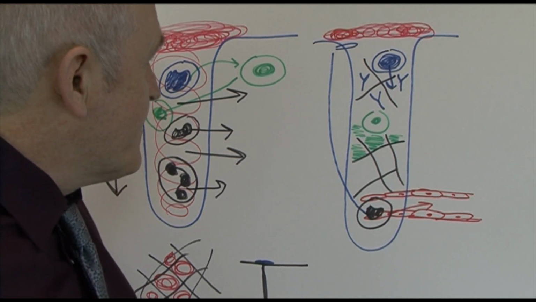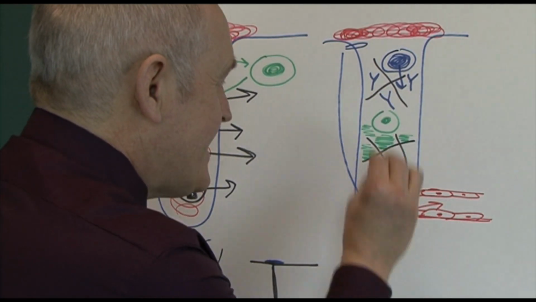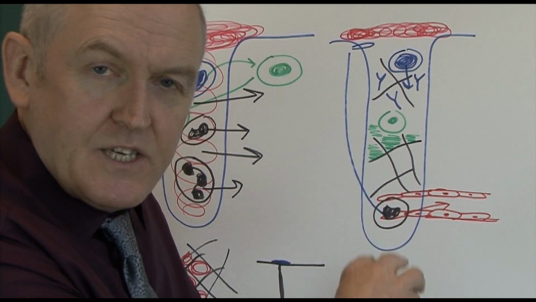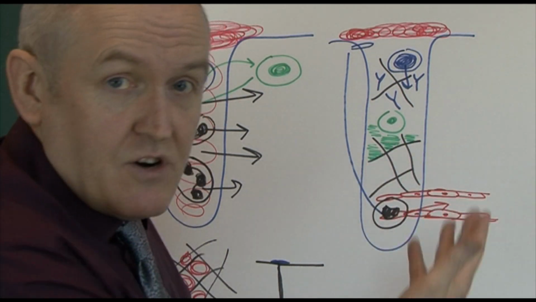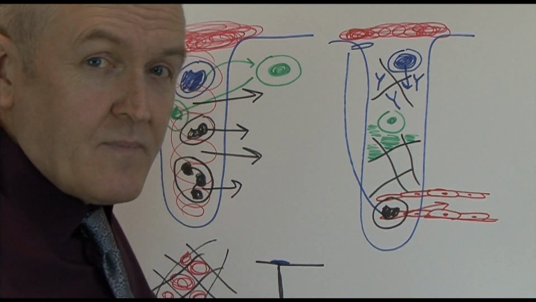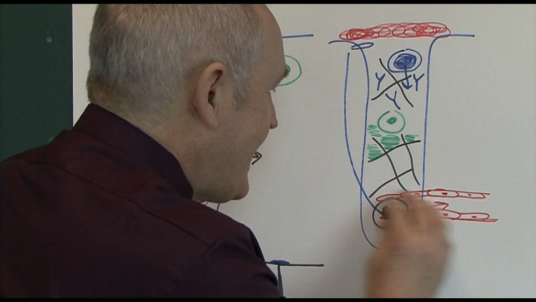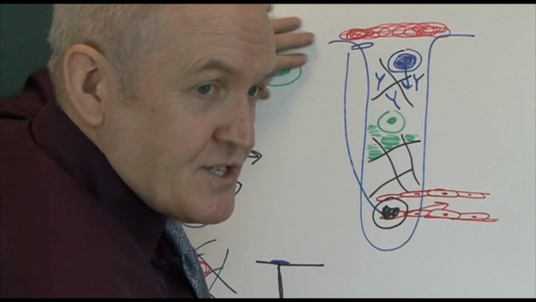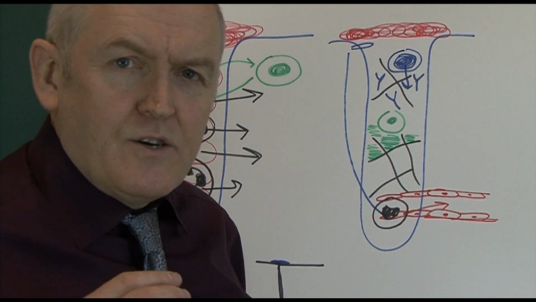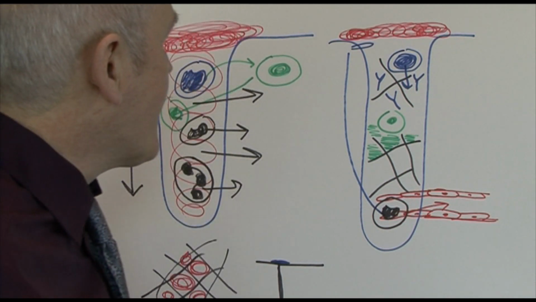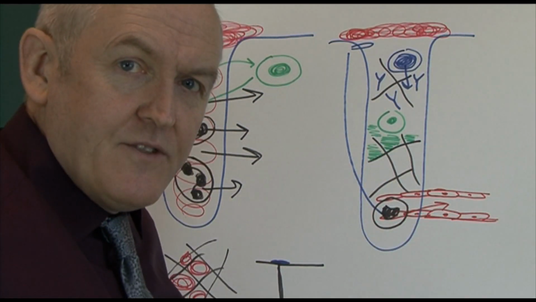Also, the growth factors released by the macrophages particularly, and indeed other cells, fibroblasts will release some growth factors, are necessary to stimulate the healing of the blood vessels and the regeneration of the epithelium. These growth factors are going to be small proteins, and they're going to have to be dissolved in the fluids of the wound.